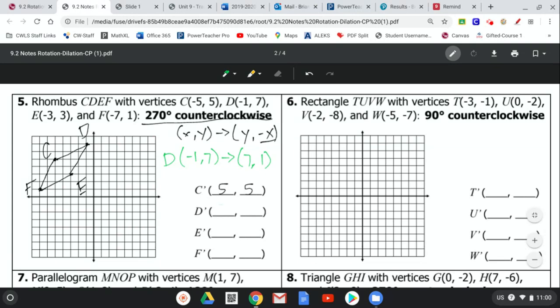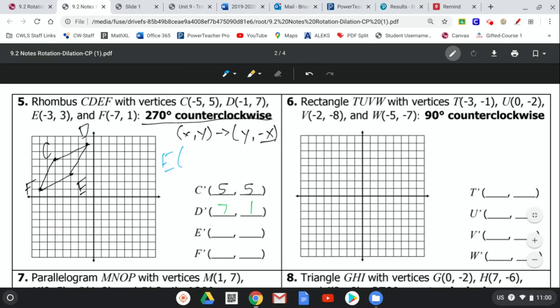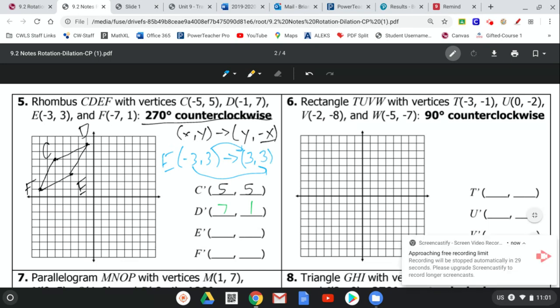So D prime is at 7, 1. Now moving on to E. E is at -3, 3. So when we change it, the 3 comes into the first spot over here. -3 moves into the second spot right there, and we change the sign to a +3. So E prime is at 3, 3.